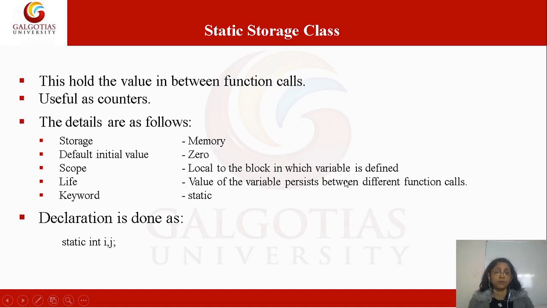The value of the variable persists between function calls, which is the difference you find between the static storage class and the register. The keyword is static, and you declare it as shown in the example: static, then the type of the variable.